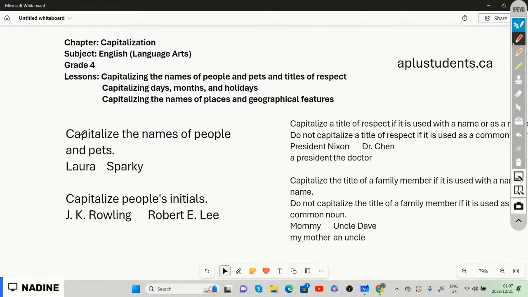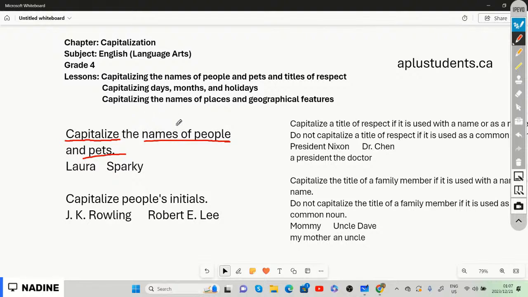So we capitalize names of people and names of pets, right? So if you have a pet, whether you have a dog, a cat, a rabbit, a chameleon, whichever pet, even if you have a snake as a pet, you need to capitalize the name of your pet.